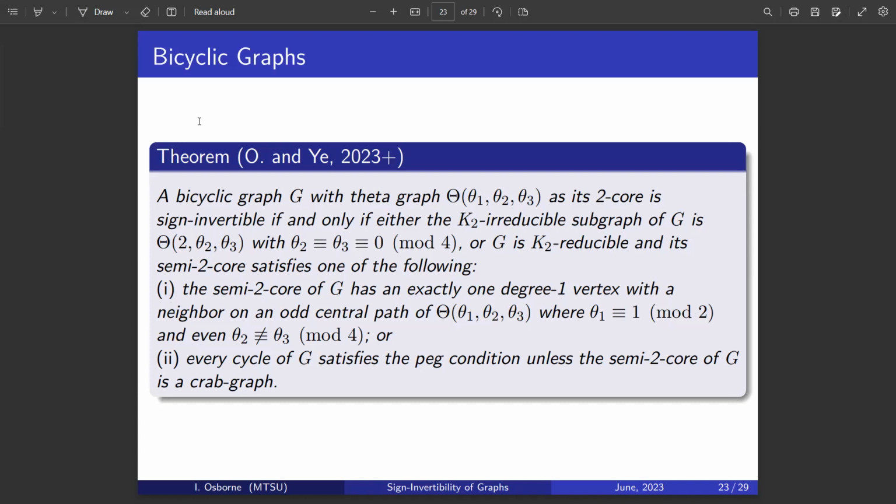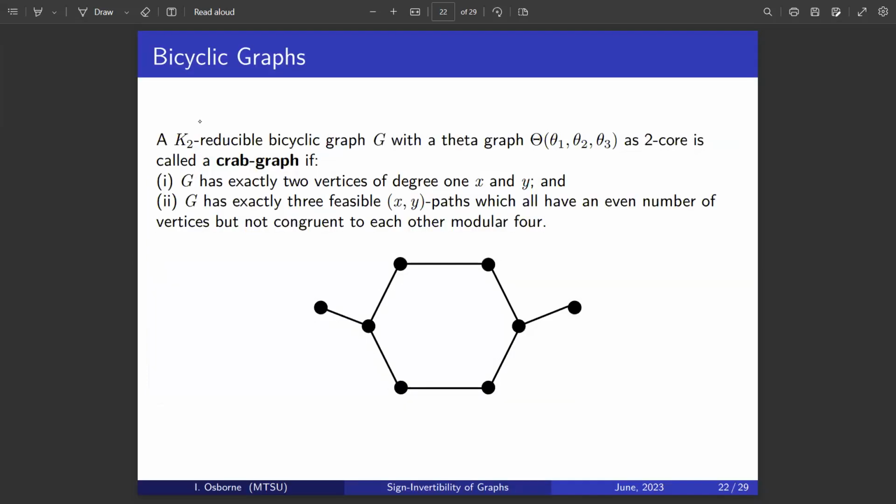And then your other opportunity for it to be s-invertible is if every cycle of G satisfies the peg condition. There is, once again, one special case to that, and that is the crab graph. Oh, goodness. There should be an extra path here.